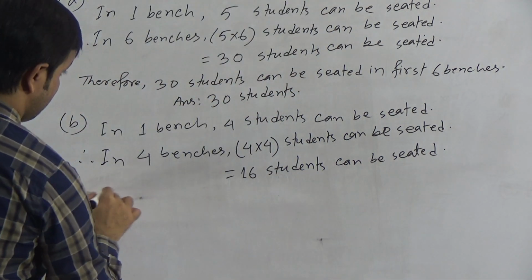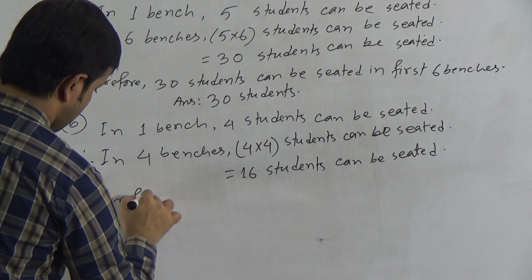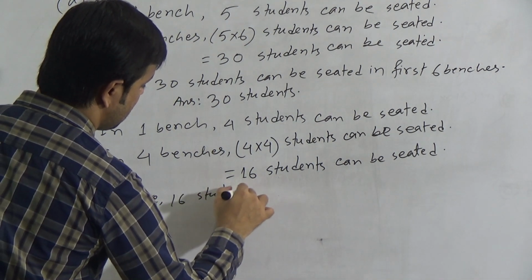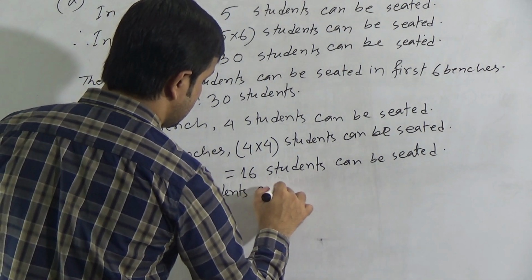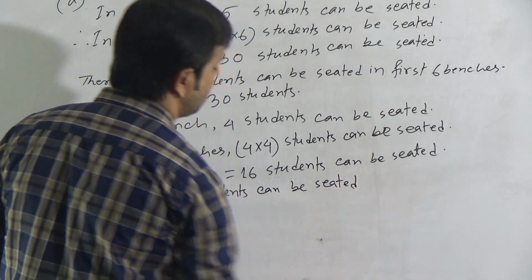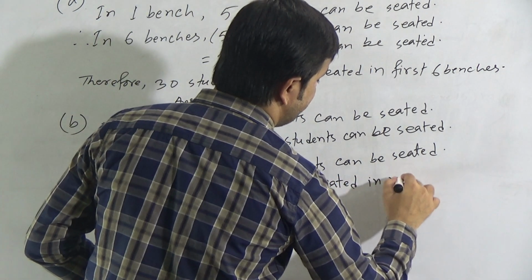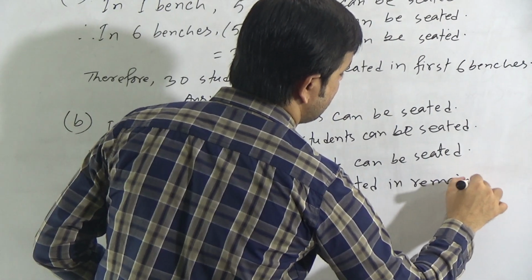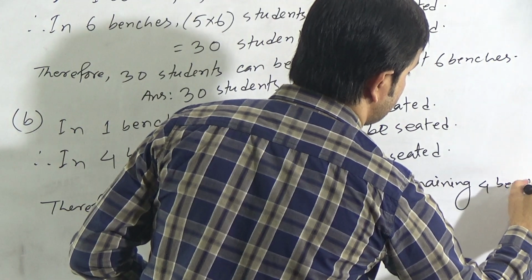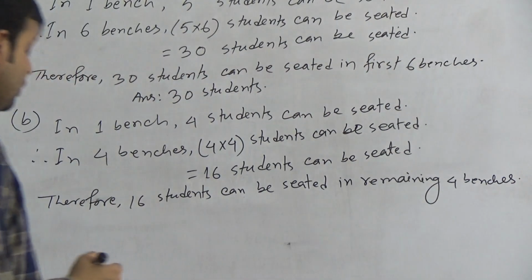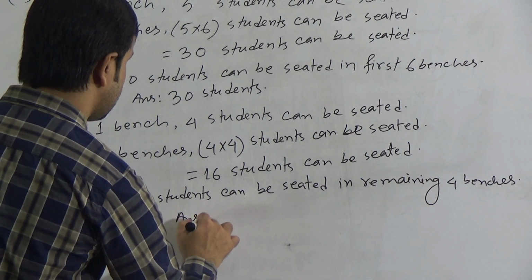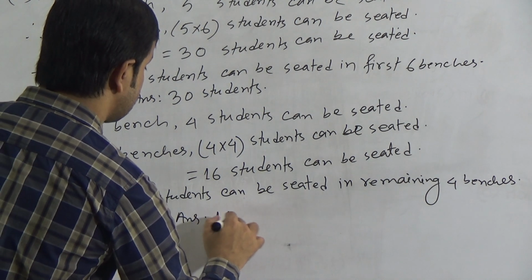So we can write, therefore 16 students can be seated in remaining 4 benches. So we can say our answer of question B is 16 students.